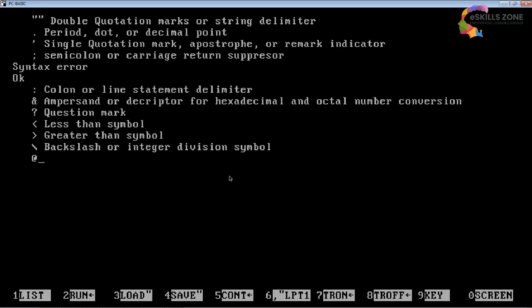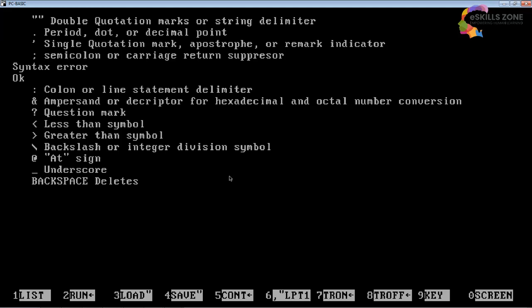The next one is the @ sign. This is called the @ sign. Very important to know. Next one is underscore. And viewers, backspace is a key available on the keyboard.